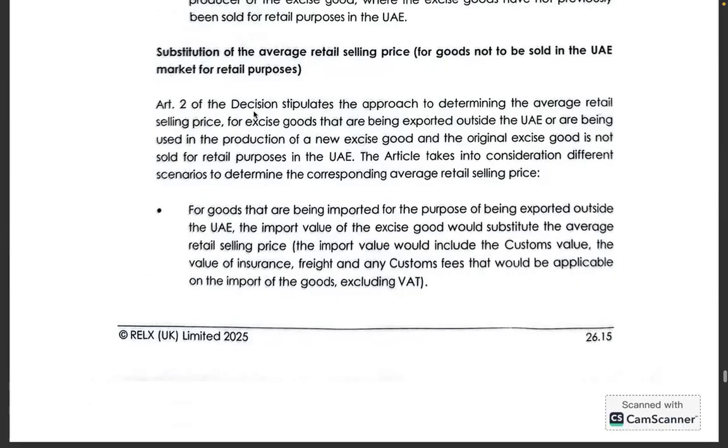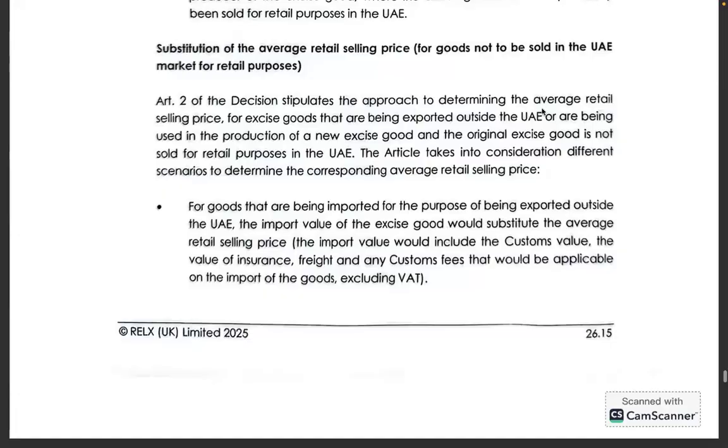Article 2 of the decision stipulates the approach to determine the average retail selling price for excise goods that are being exported outside the UAE or are being used in the production of a new excise good, and the original excise good is not sold for retail purposes in the UAE. The article takes into consideration different scenarios to determine the corresponding average retail selling price.